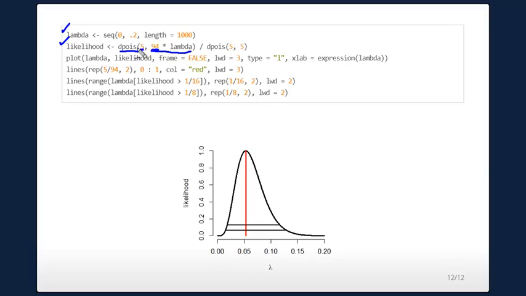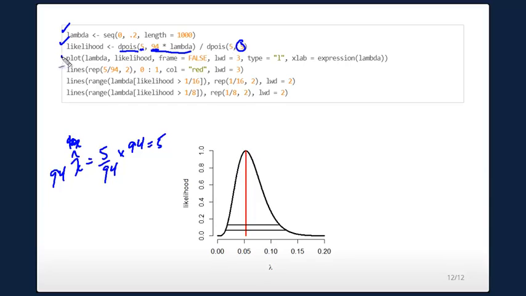And then the MLE for lambda, lambda hat, is equal to 5 over 94. So 94 times lambda hat is just 5. So if I plug in 5 for lambda, I will get the likelihood at the MLE.